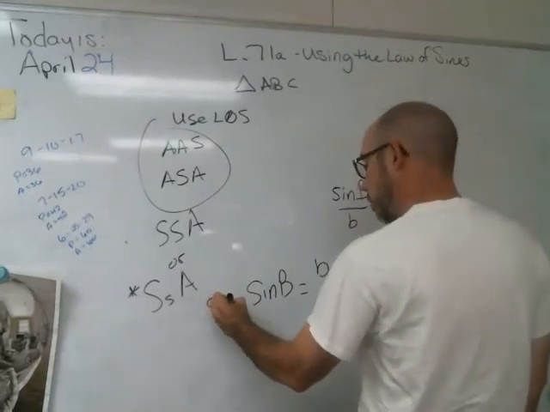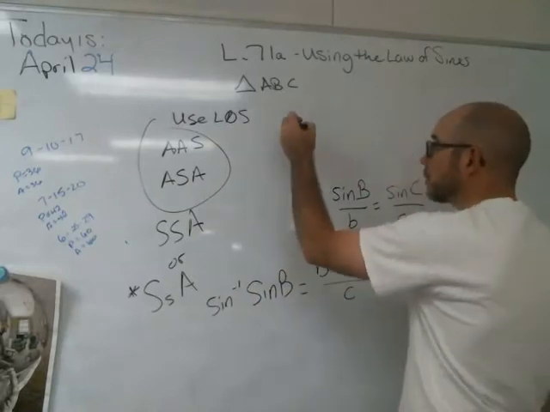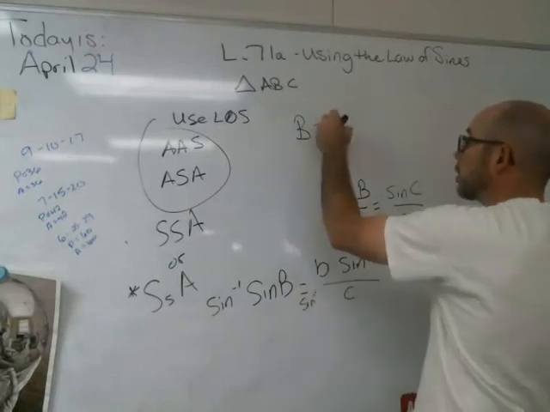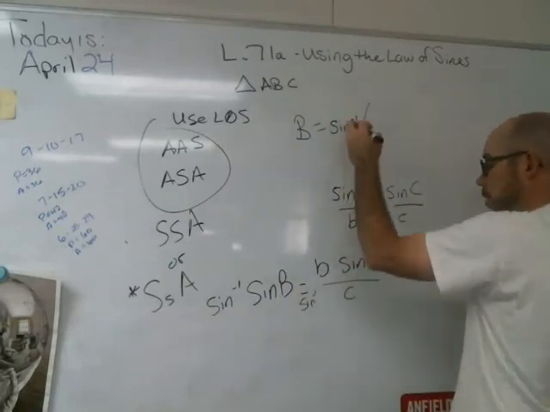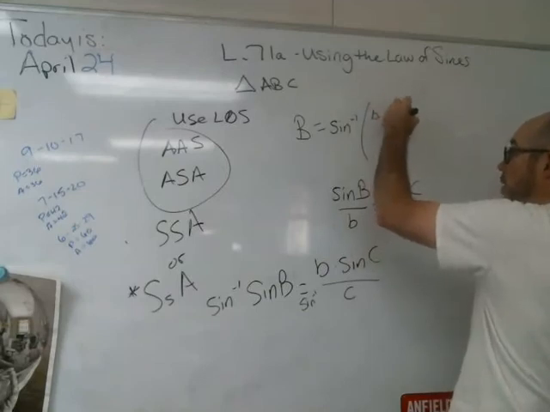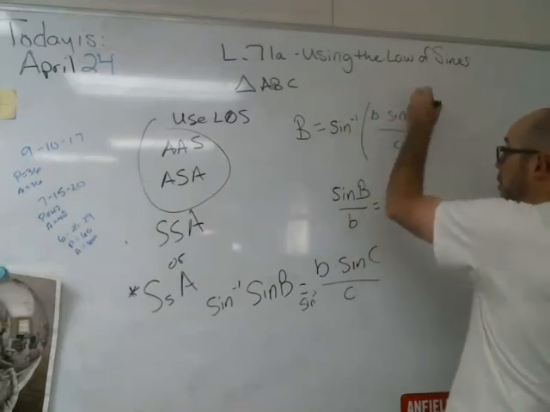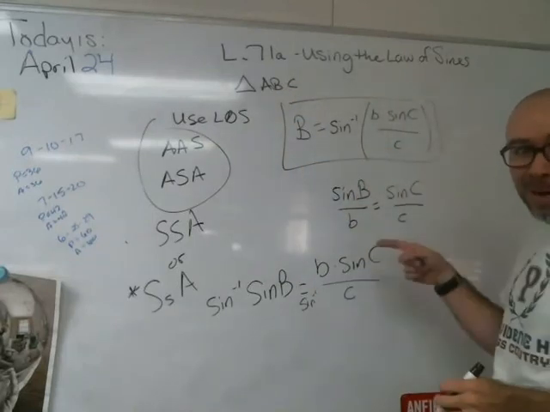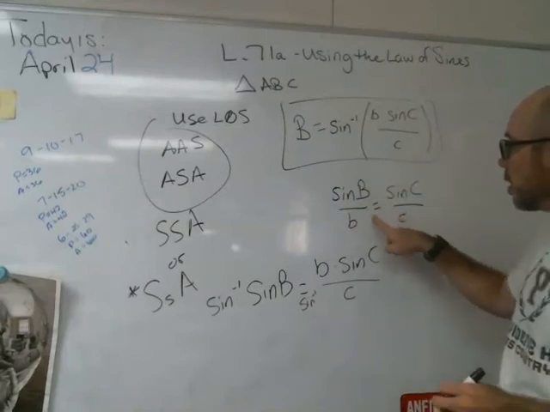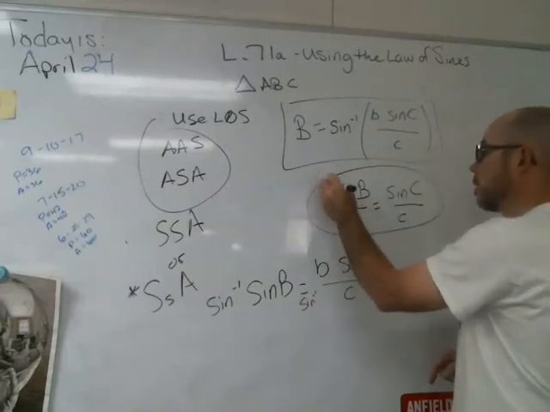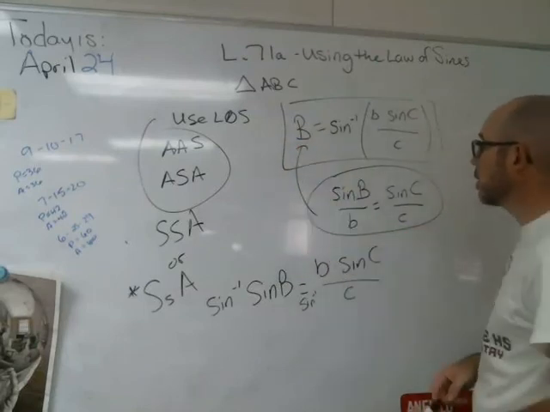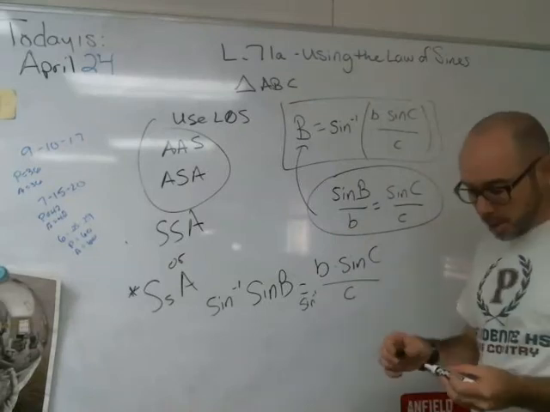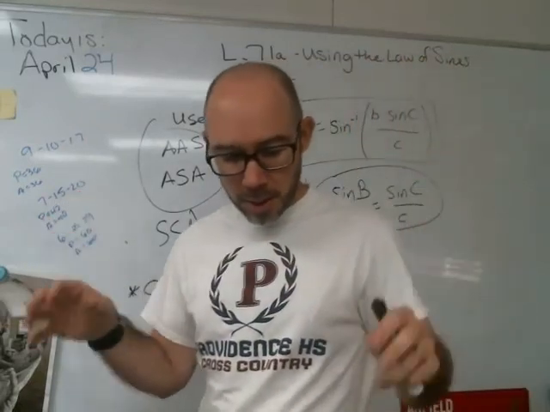That is, take the inverse sine of sine, and we'll get B. Over here, we'll take the inverse sine of the whole thing in parentheses. So that's what solving for B turns into if we're solving for the angle. Just a little bit of algebraic, trigonometric manipulation, but there you go.